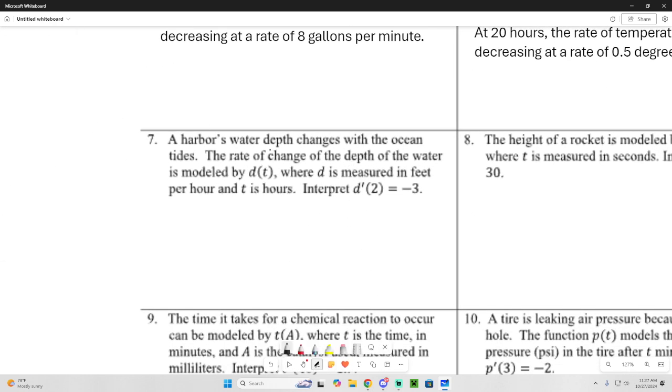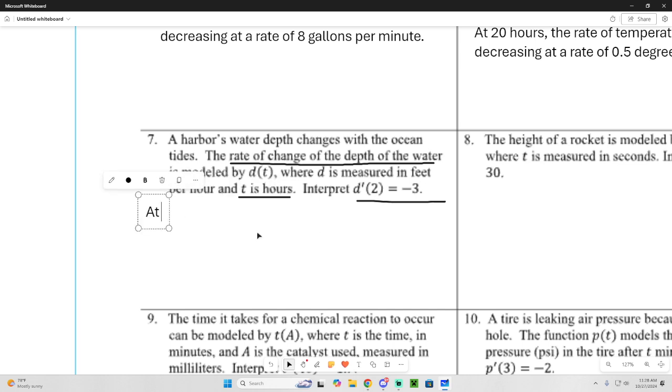A harbor water depth changes with ocean tides. The rate of change of depth of water is measured by D of T, where D is measured in feet per hour. So this is what D of T is measuring, the rate of change of the depth of water, and T is the number of hours. We need to interpret D prime of 2 equals negative 3. So again, our slope is negative, which means it's decreasing.